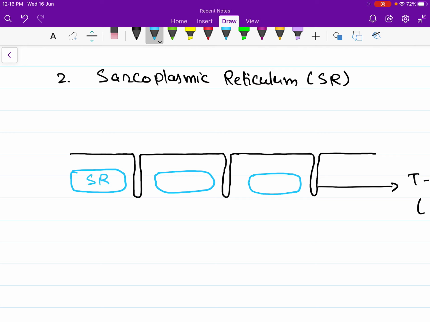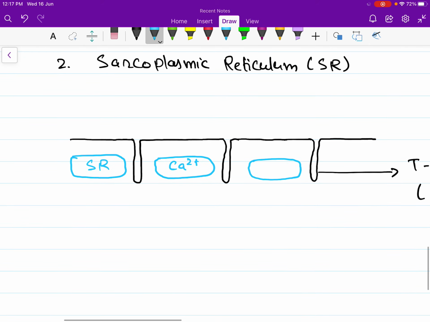The sarcoplasmic reticulum is the storehouse of calcium. Its function is to store the calcium of the sarcoplasm in it. So they are the storehouses of calcium of a muscle fiber. These cisternae of the sarcoplasmic reticulum plus the T-tubules together form what is called the sarcotubular system. So this is the cisterna of SR. SR stands for sarcoplasmic reticulum.